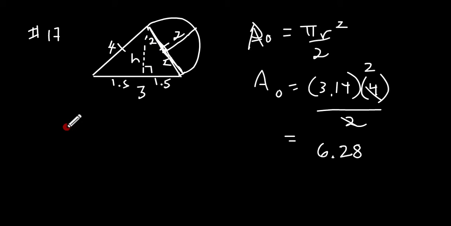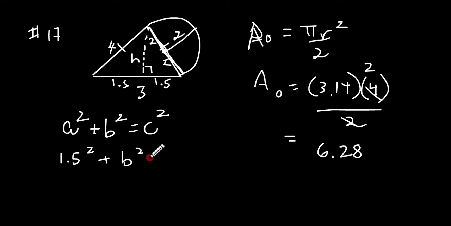Remember, the Pythagorean theorem is a squared plus b squared equals c squared, where c is the hypotenuse, the one opposite the right angle. So we'll plug it in: 1.5 squared plus b squared, that's kind of our h, equals c squared, so it's going to be 4 squared, which is 16.